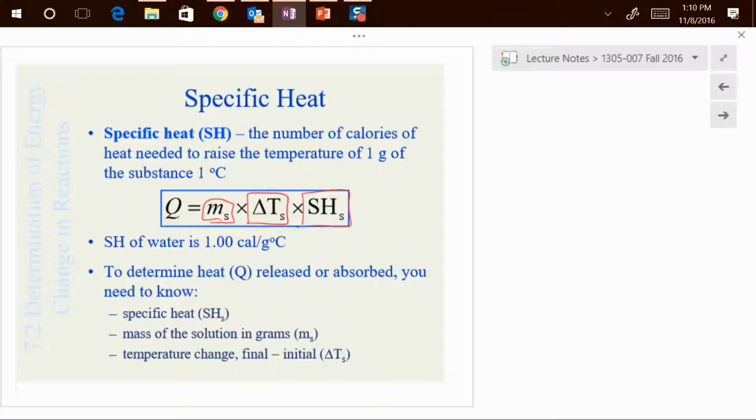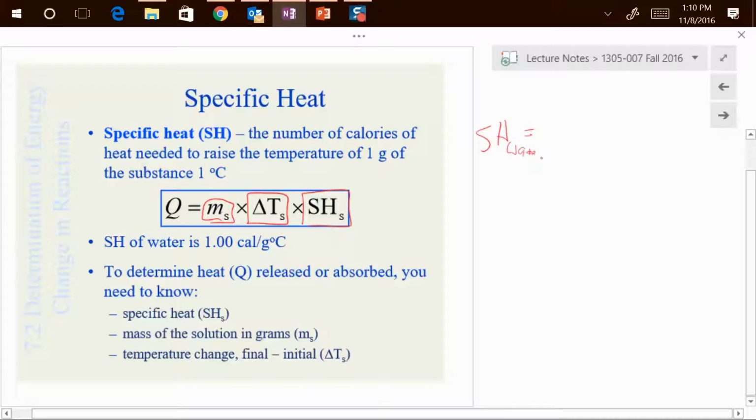It doesn't change. And it's related to the substance that you're carrying the chemical reaction in. So if it's a water solution, then the specific heat of water is 4.184 joules per gram times degrees Celsius.